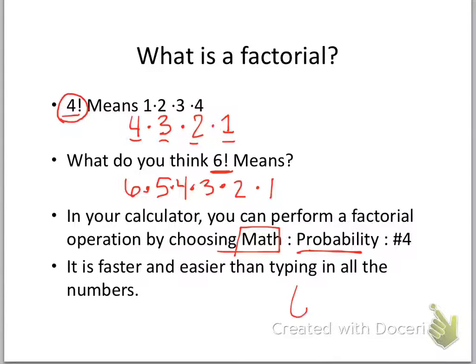So you need to make sure you type the number first and then go through the process. So if I were to find 6 factorial, I should get an answer of 720. That's the same as 6 times 5 times 4 times 3 times 2 times 1, which is also 720. Hopefully you went through and tried all that in your calculator just now.